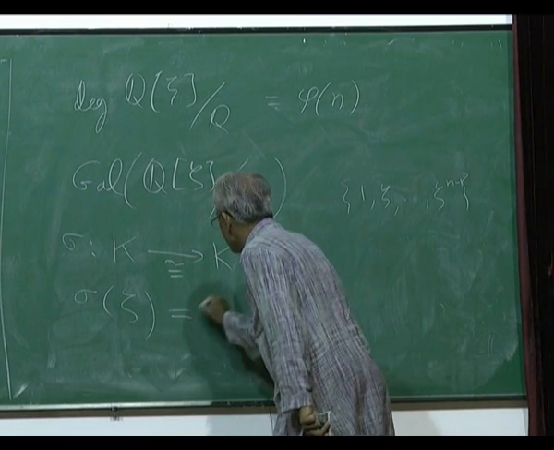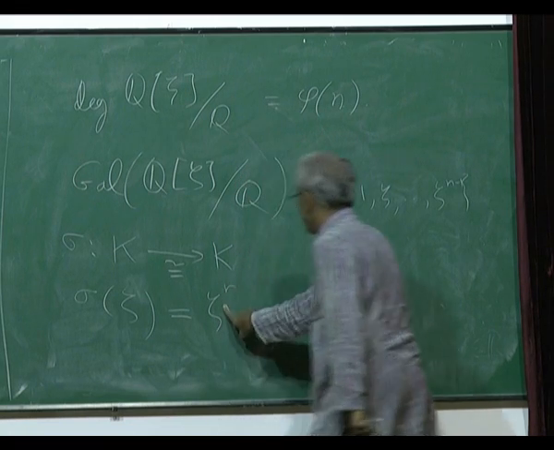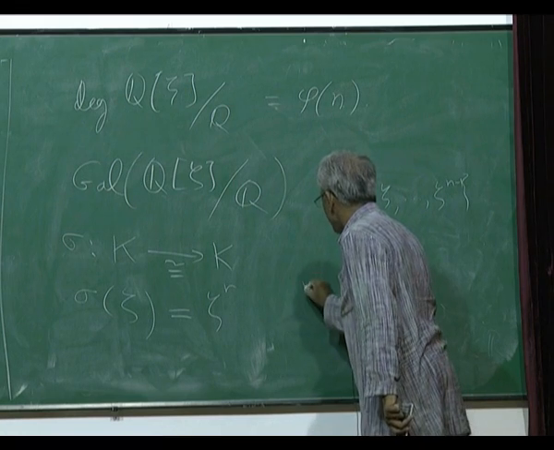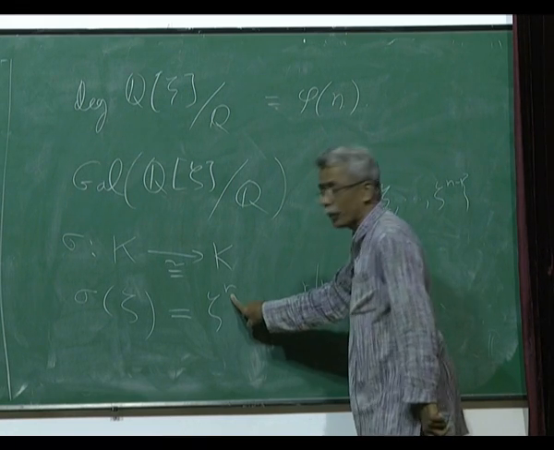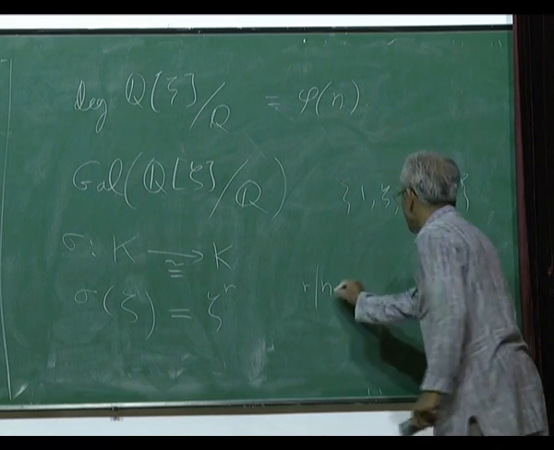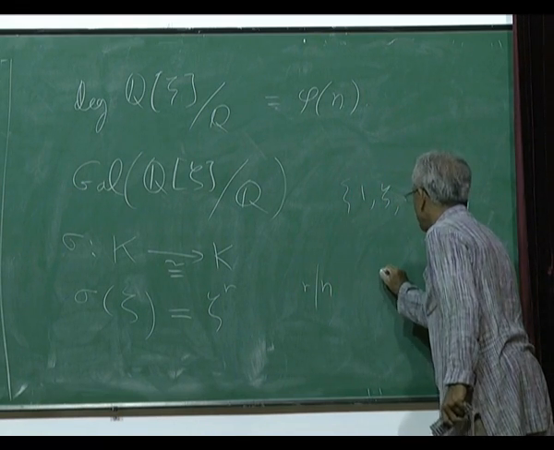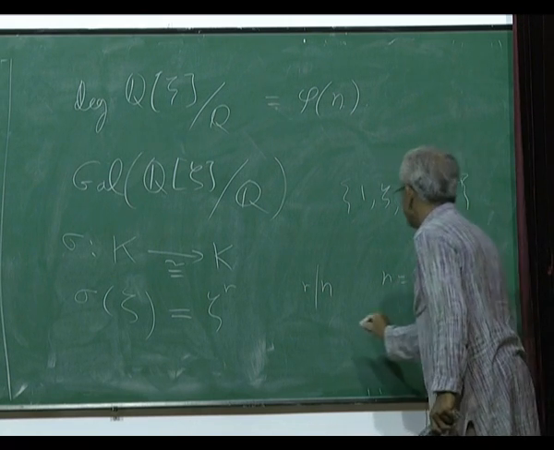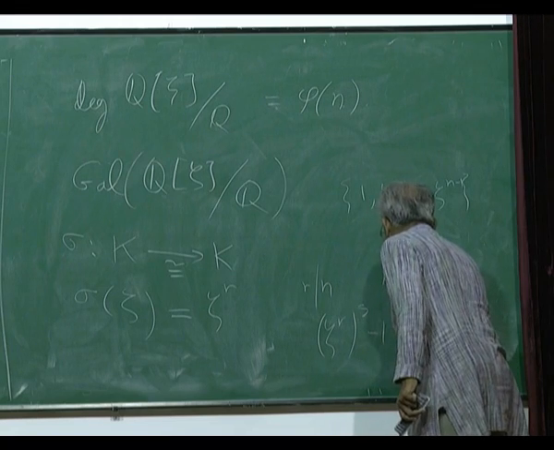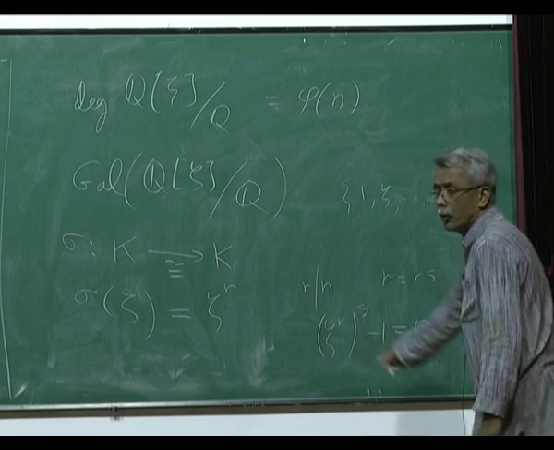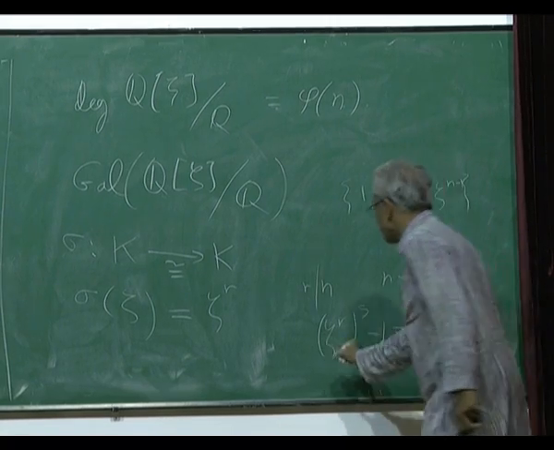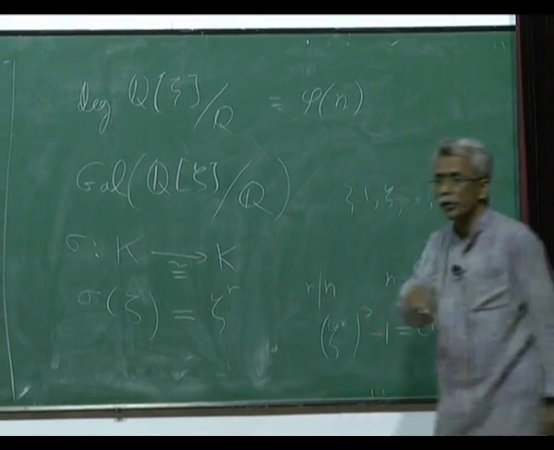So, this has to go to zeta power r, where if r divides n, then zeta power r will satisfy a smaller degree polynomial. Suppose r divides n, then write n equal to r times s, then zeta power r whole power s minus 1 would be 0. But then sigma of zeta satisfies a smaller degree polynomial.